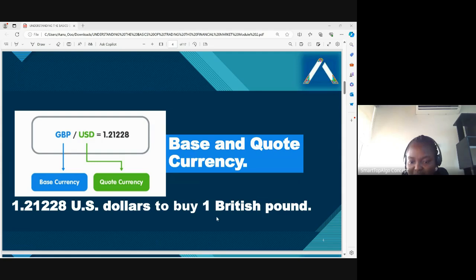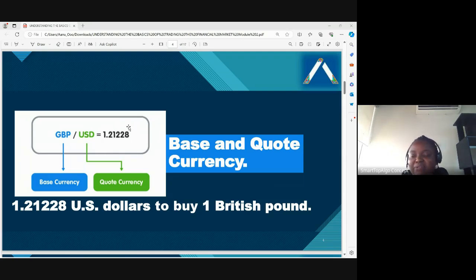This second currency, which is the quote currency, is the exchange rate that I have to pay to purchase this first currency. I don't know if I'm making sense.